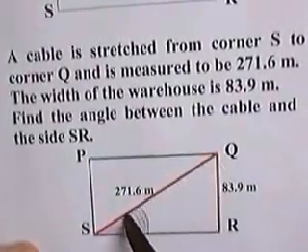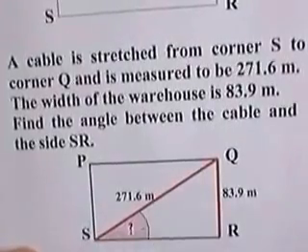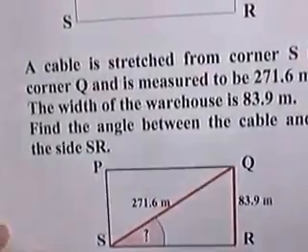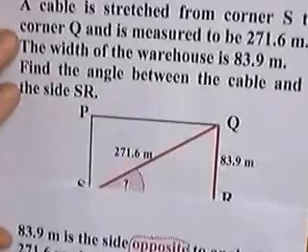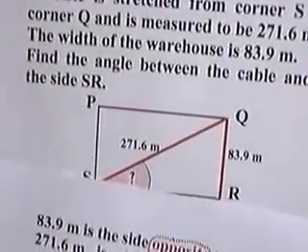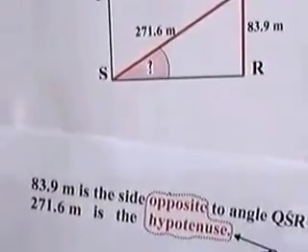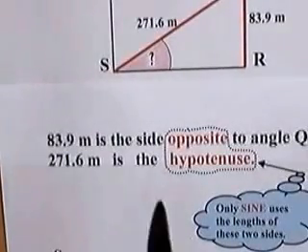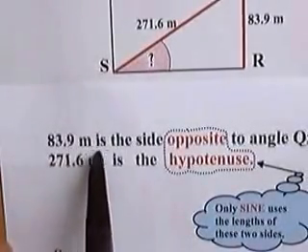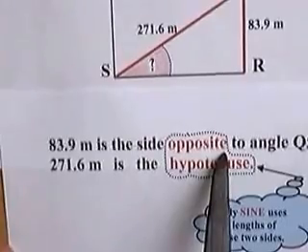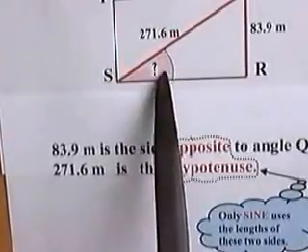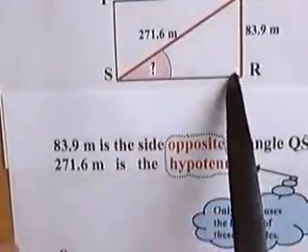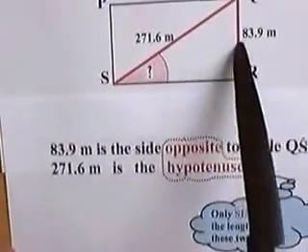We have to say what's the relationship of this side to that angle, what's the relationship of that length to this angle, and when you do that you will get the following. If I can straighten these diagrams up. Whoops, there we go. The 83.9 meters is the side opposite to the angle.